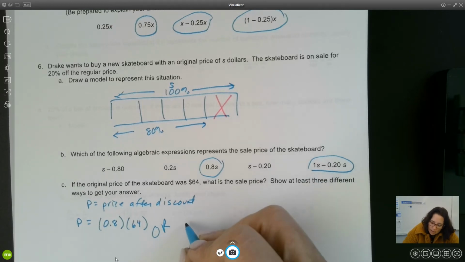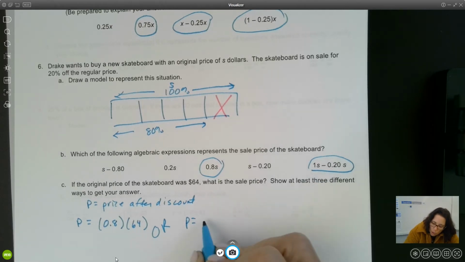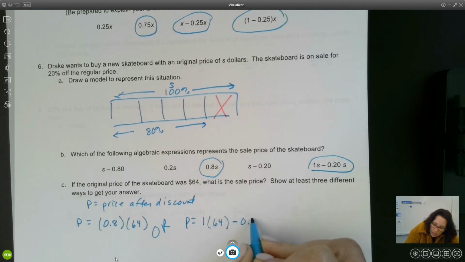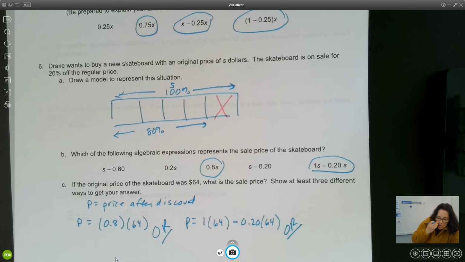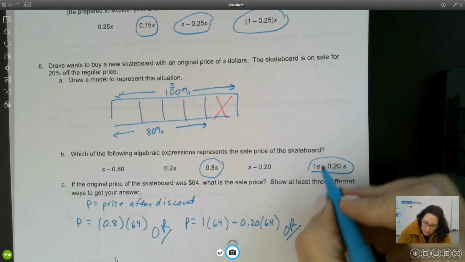Okay, so we've got P equals 1 times 64 minus the 20% of the 64, or the other way from the last page was, let me write it up here.